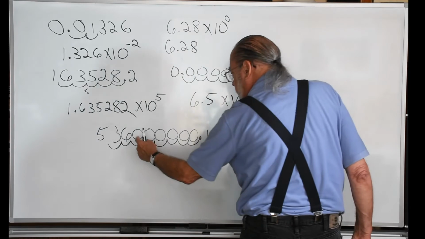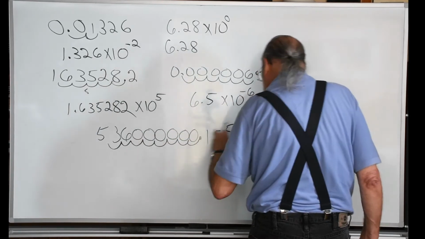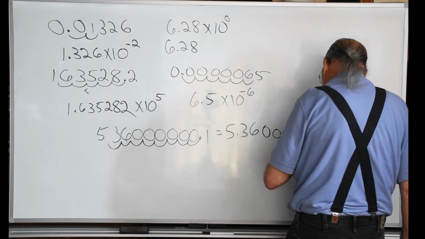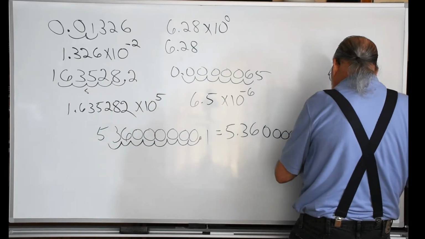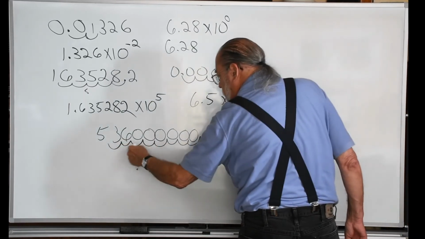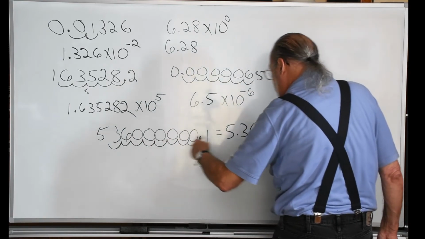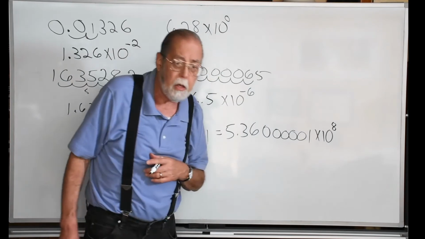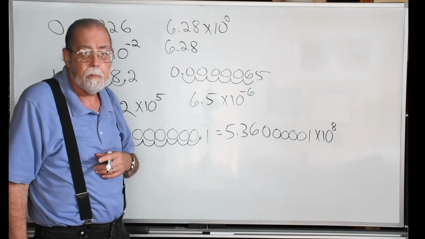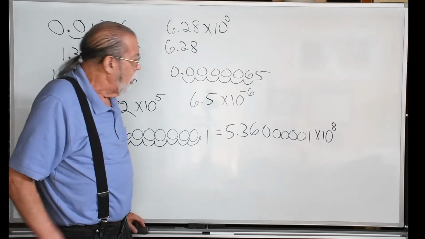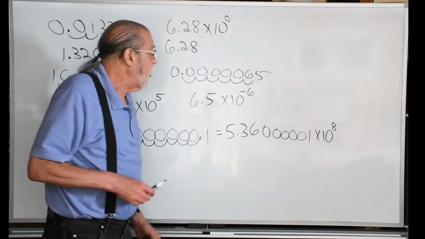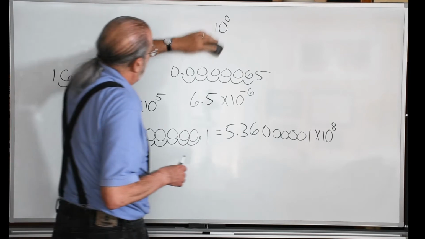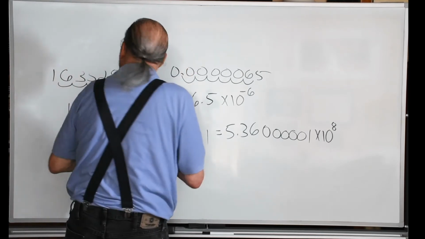We've got to be careful here, with the zeros, times 10 to the 8th, like that. You do not drop significant figures when you convert numbers into scientific notation.